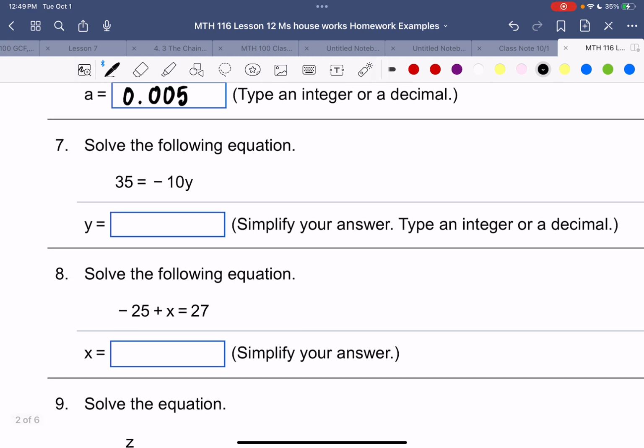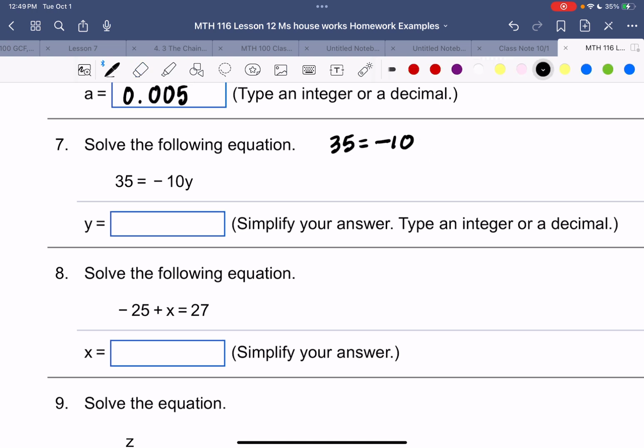Number 7, 35 equals negative 10 times y. Okay, and so they don't write the times in there. They just write the y, but that means the same thing. I've got multiplication. Therefore, I need to divide both sides by negative 10 because I'm trying to isolate this y.